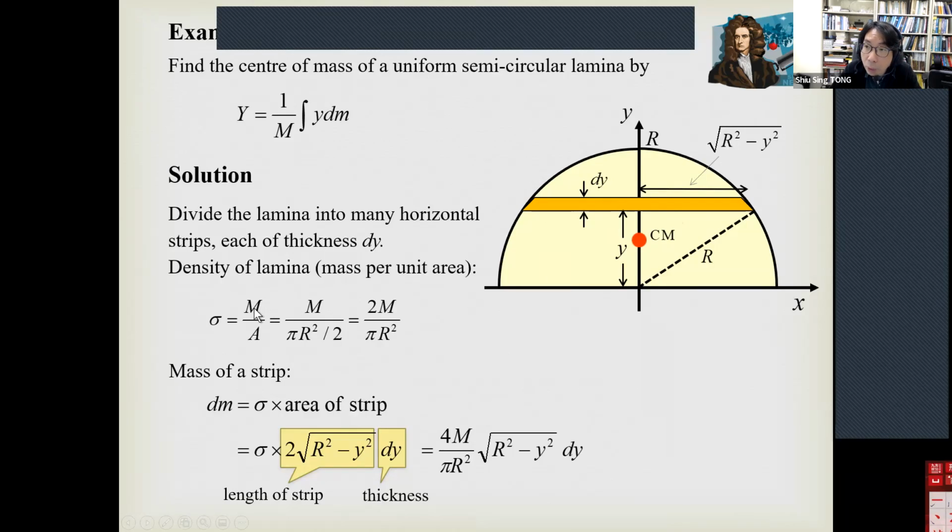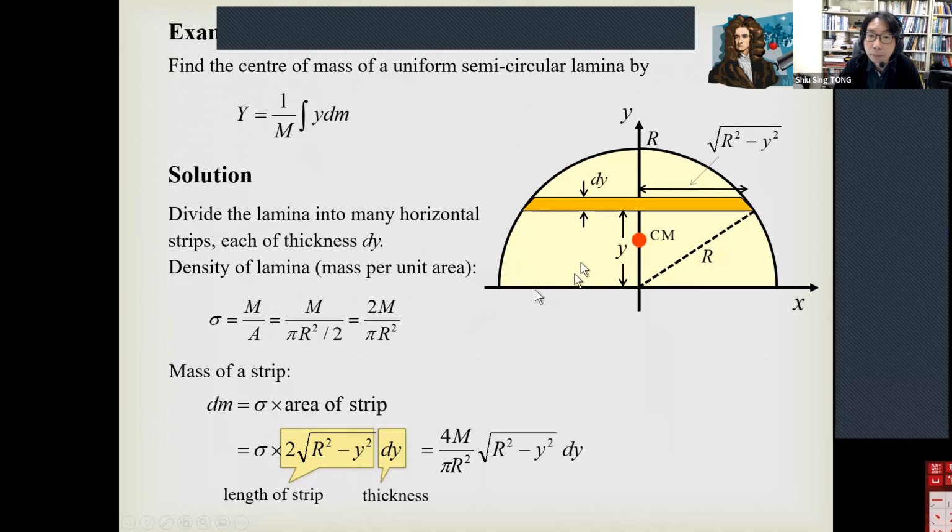If I divide the total mass by the area, I get the mass per unit area, which is the density. For a semicircle, the area is pi r squared divided by 2, since pi r squared is the area of a full circle and now it's only half of the circle. So I get the density as 2m over pi r squared.